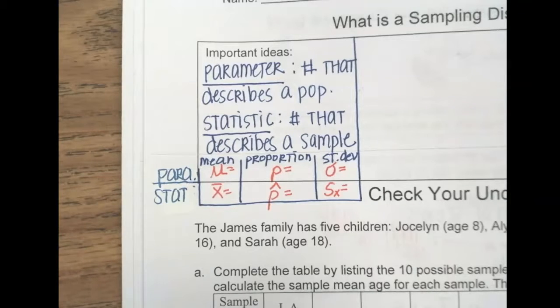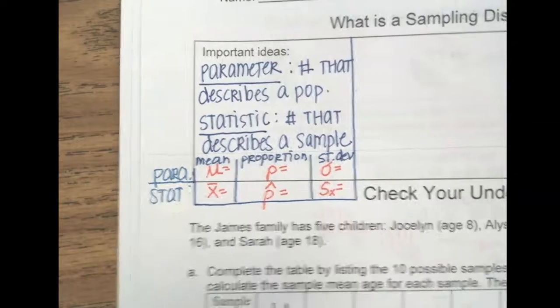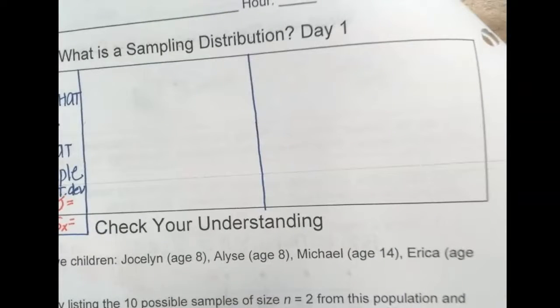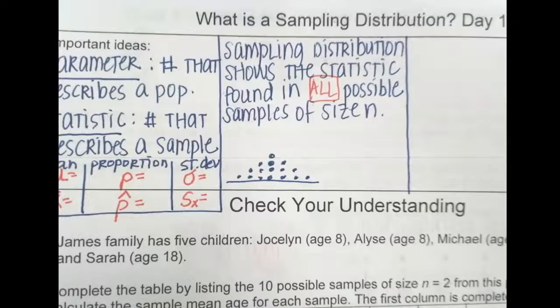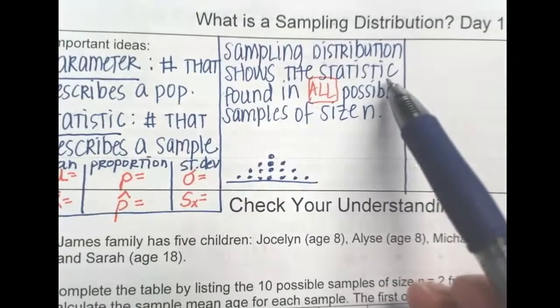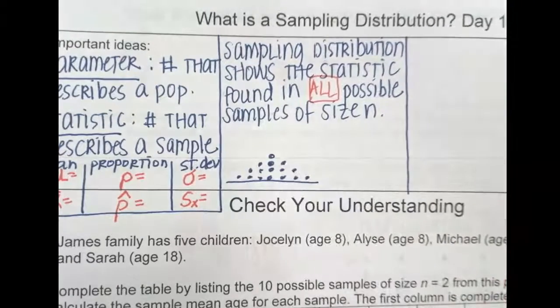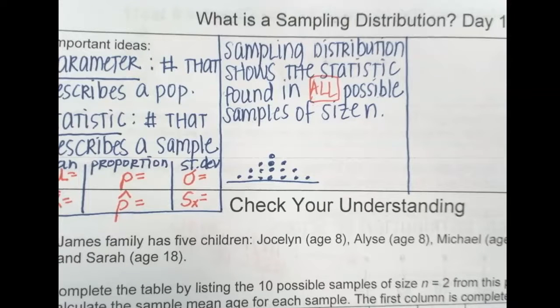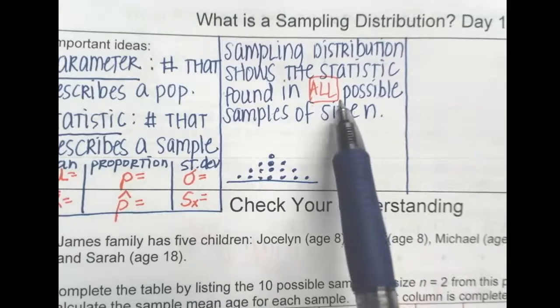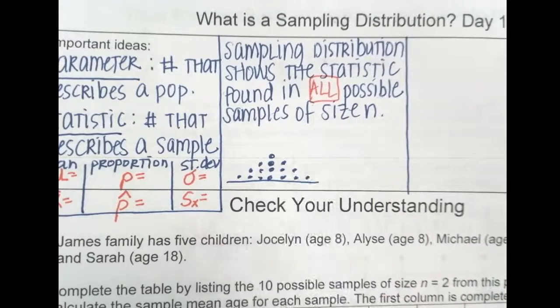All right, and the next thing is your sampling distribution. We had our sampling distribution, which shows the statistic found in all possible samples of a particular size. We did size 2. In the real world, it's not really possible to have all possible samples represented.